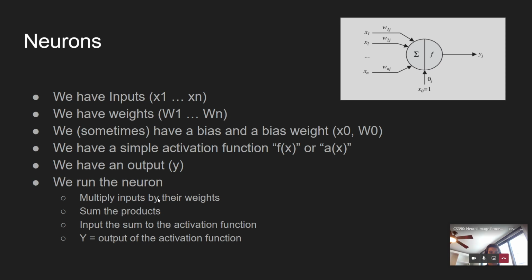We take that sum and put it into our function as an input. And the output of that is the output of our neuron. So that is the entire forward pass. And if you're confused why that helps us, that's totally fine. We'll get to that in a moment. But just know that that is our algorithm here. Multiply inputs by weights, sum, activate.